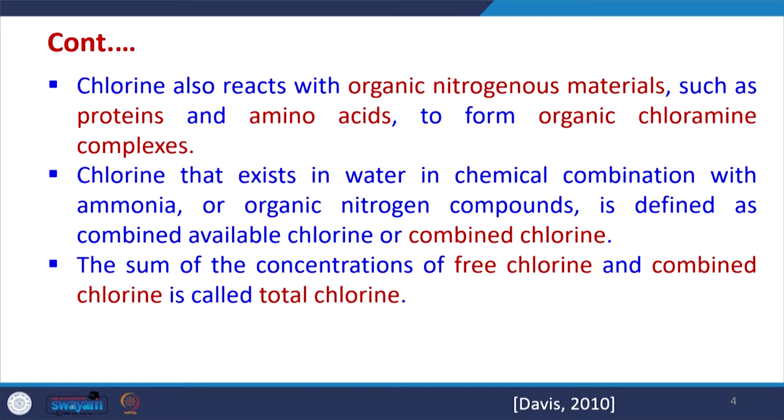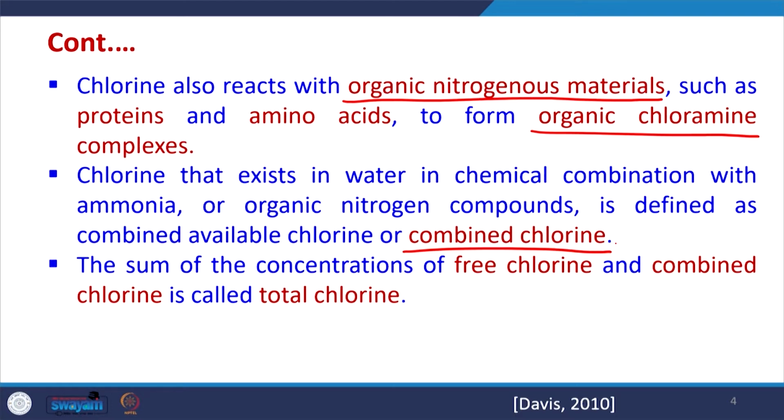Now, chlorine also reacts with various organic nitrogenous materials which are present in the water. Generally the water may contain different types of proteins and amino acids, and the chlorine will react with these proteins and amino acids also to form organic chloramine complexes. Chlorine that exists in the water in chemical combination with ammonia or organic nitrogen compounds is defined as combined available chlorine, or combined chlorine.